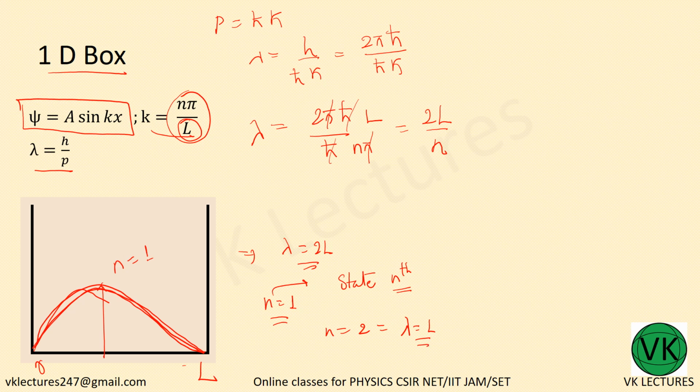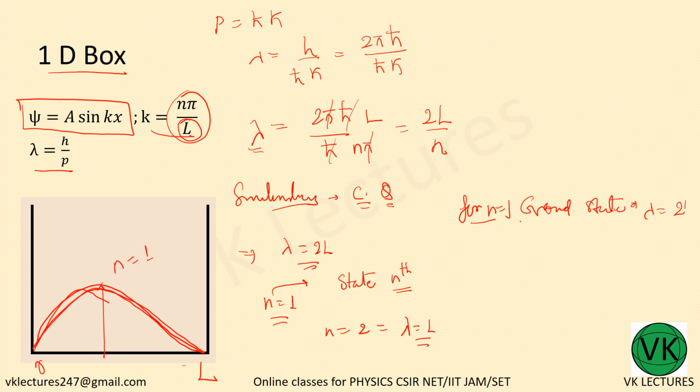What we have proved is lambda equal to 2L by n, which means we are finding similarities between classical and quantum. For n equal to 1, that is called the ground state of a 1D box, lambda is equal to 2L.